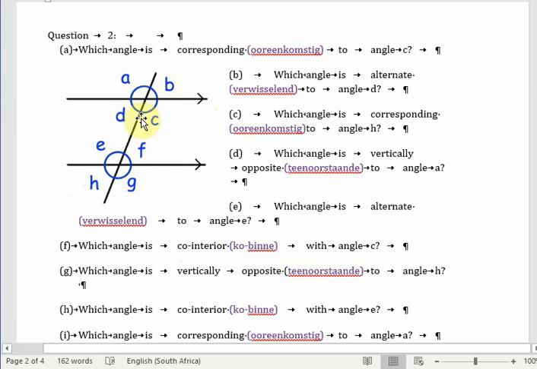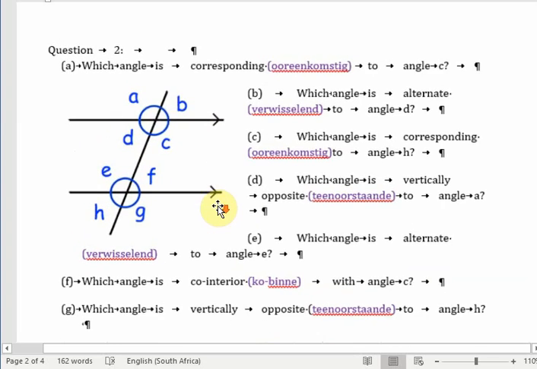And then we look for the angles inside the corners of that Z, inside the arms of the Z. So die hoeke wat binne in die hoeke van die Z is E en C. So E en C is verwisselende hoeke. E and C are alternate angles.